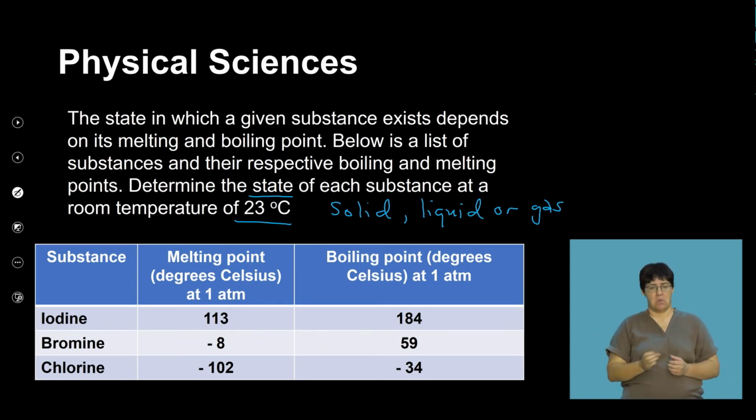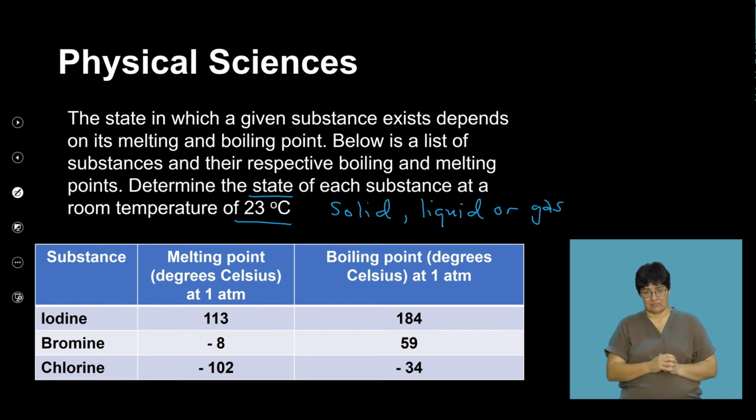But then again, if you check, 184 degrees is the boiling point. For iodine to turn into a gas, we must reach a temperature of 184, and for it to melt, we need a temperature of 113.